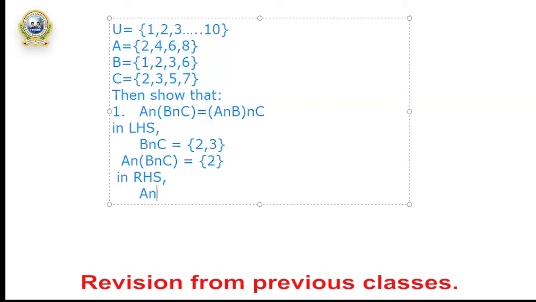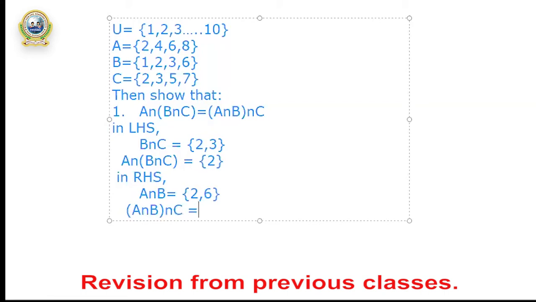Now, can you please tell me the answer for A intersection B? 2 and 6. Very good. Now, since we already have A intersection B and we have C already, in the set A intersection B the members are 2 and 6, right?